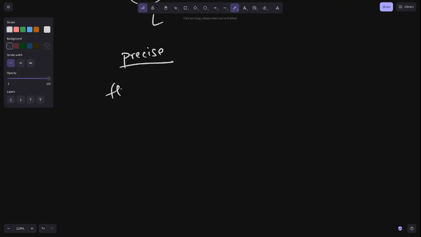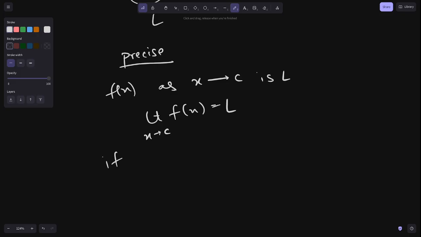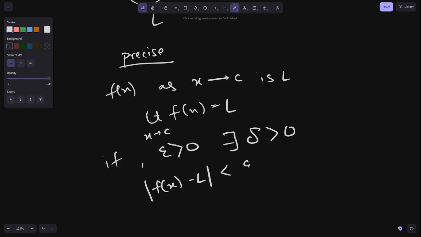The limit of f of x as x approaches c is L, that is, limit as x tends to c of f of x is equal to L, if and only if for all numbers epsilon greater than 0 there exists some delta greater than 0 such that the modulus of f of x minus L is less than epsilon whenever 0 is less than modulus of x minus c less than delta.